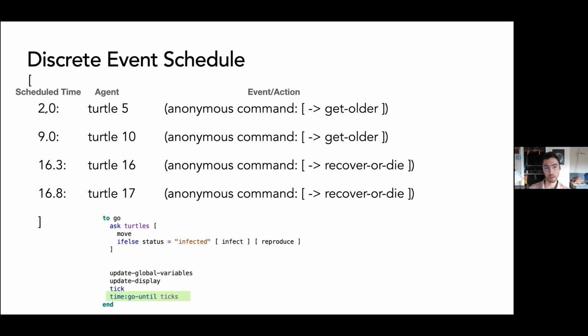When this is called, we go through the schedule and say, we're past tick 2, so let's execute this. Then we get to 9 and say, we're not up to that time yet, so this one wouldn't get executed yet. As the ticks advance, once we get up to tick 9, then when this command is run, we would execute that command.